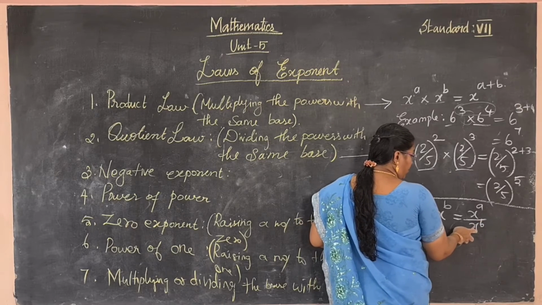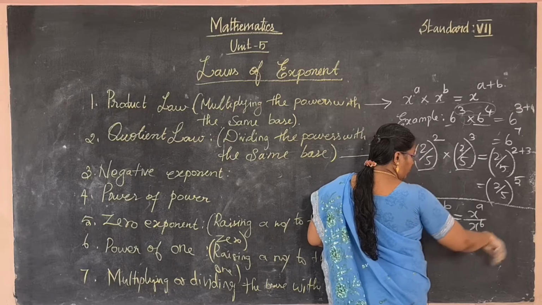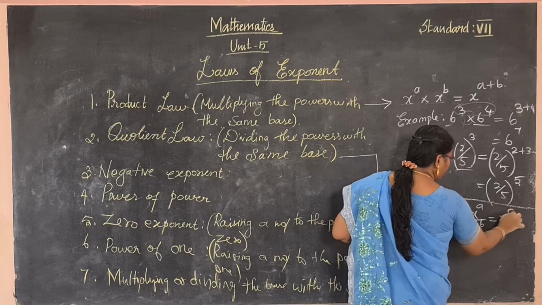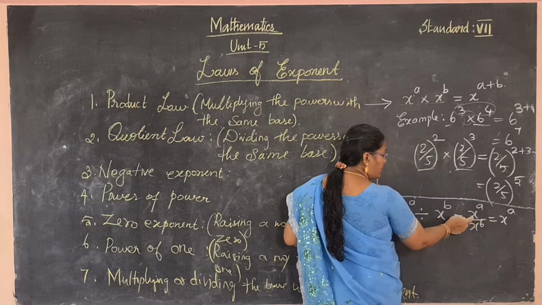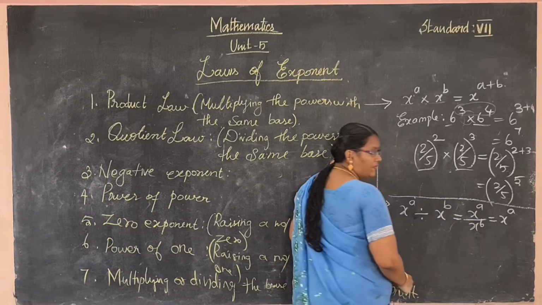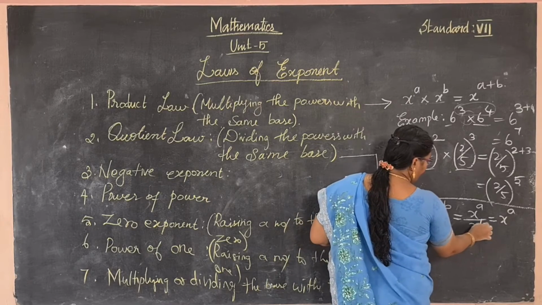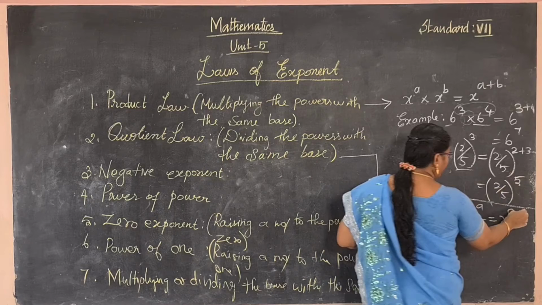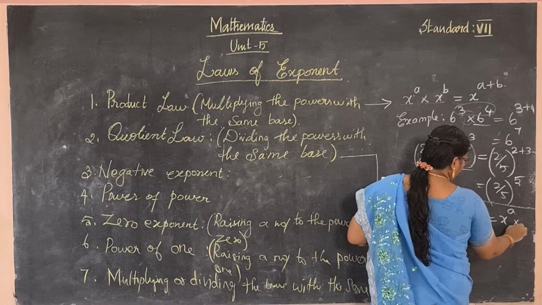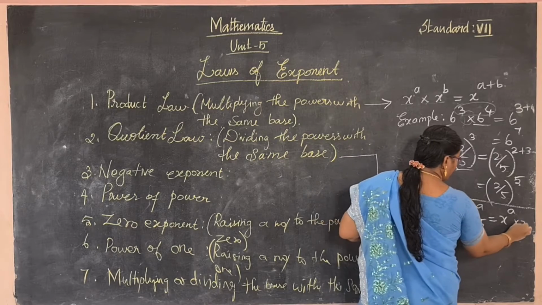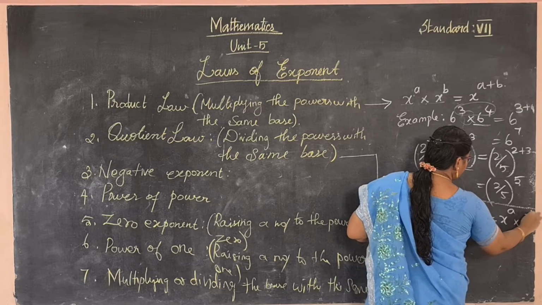For your understanding, I will briefly explain. x power a divided by x power b: the denominator moves to the numerator with a negative sign. The numerator value is x power a, the denominator value is x power b. Moving to the numerator, division becomes multiplication, so x power of minus b.